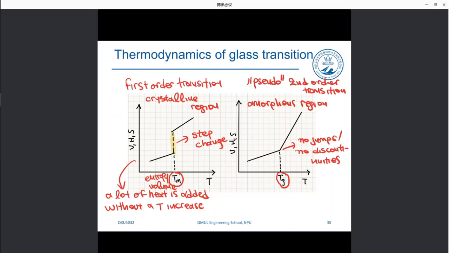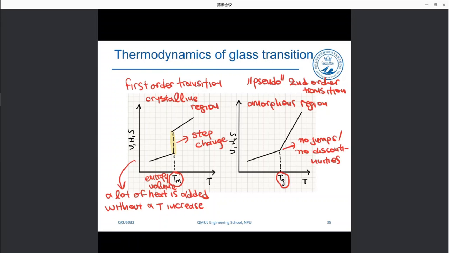The reason why we call glass transition a pseudo second order transition is because it depends on the heating rate. We said already that depending on the heating rate, we can get different values of a glass transition. And it's actually a matter of debate, if we heat it at very, very low heating rates, how much is the minimum glass transition that we can achieve.